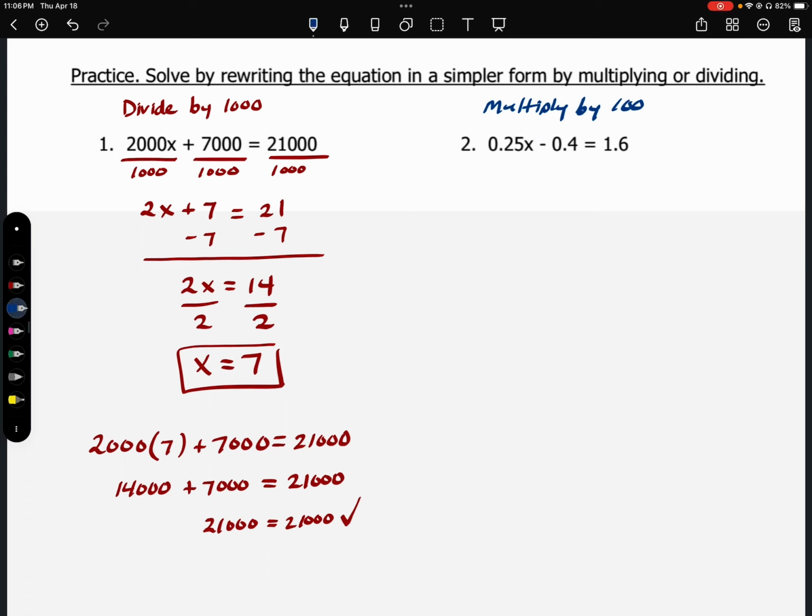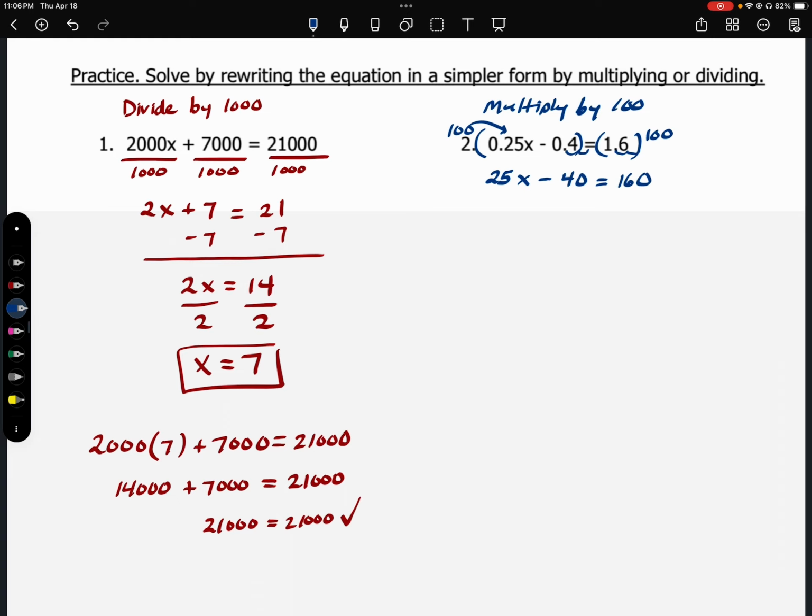I'm going to multiply the left side of the equation times 100 and the right side. So 100 times 0.25x is going to give us 25x, minus 100 times 0.4, move that over 2, that would be minus 40, is equal to 160.